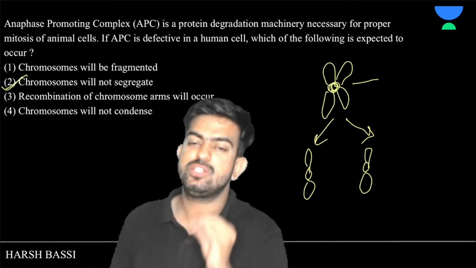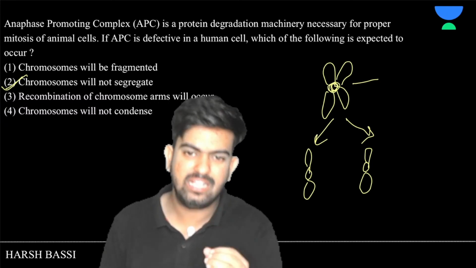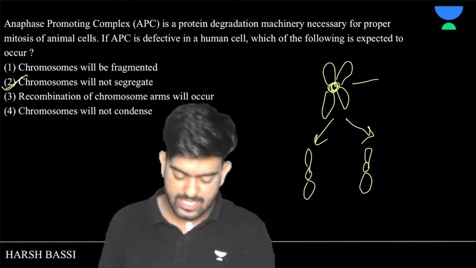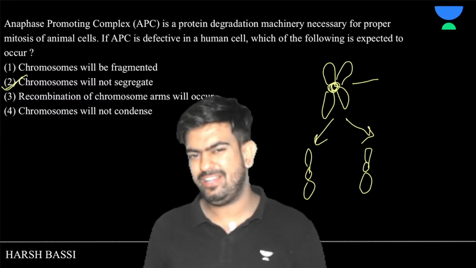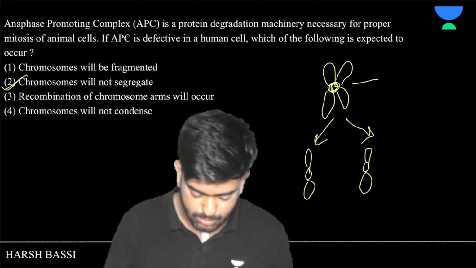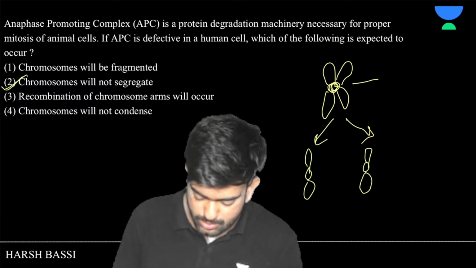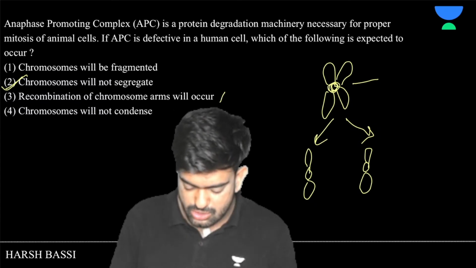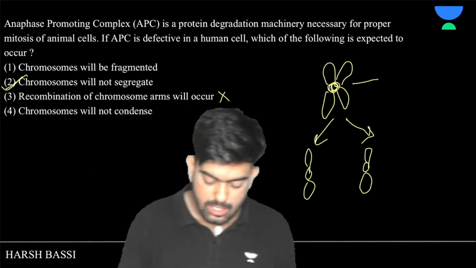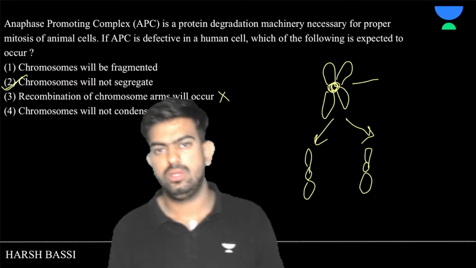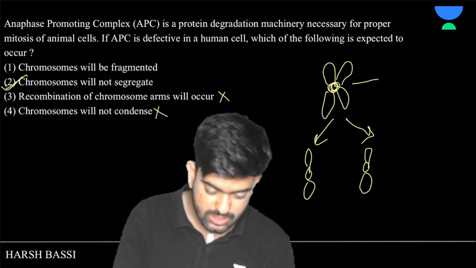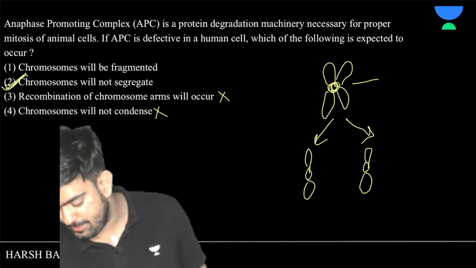If this protein factor is not activated, the chromosomes will not get separated. The chromosomes will not get fragmented, they are not being cut. Recombination of chromosome arms has no point here. Chromosomes will not condense, no, condensation happens in prophase, right? So option 2 is the correct answer here.